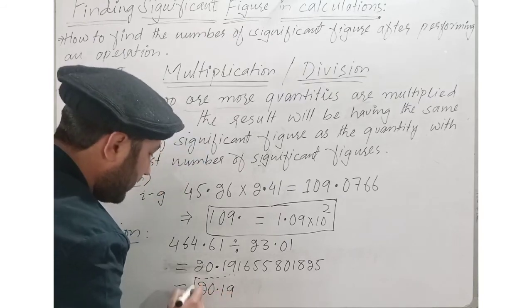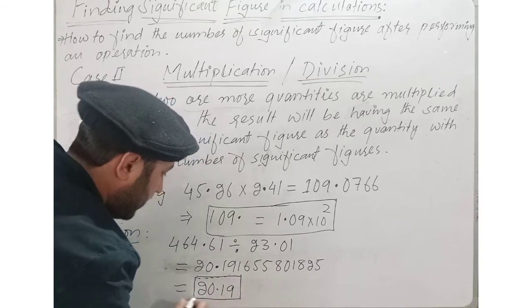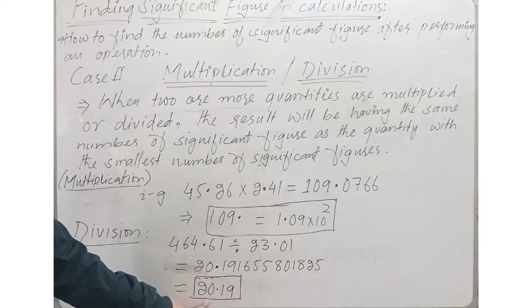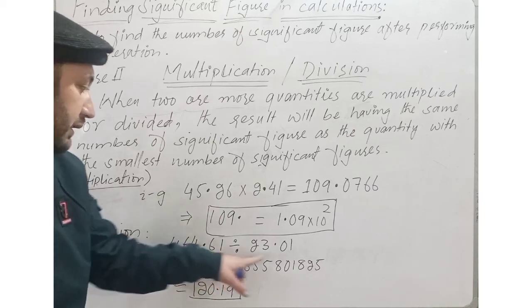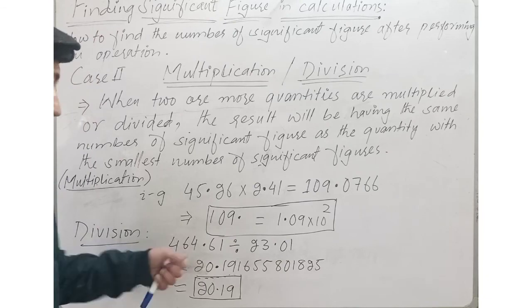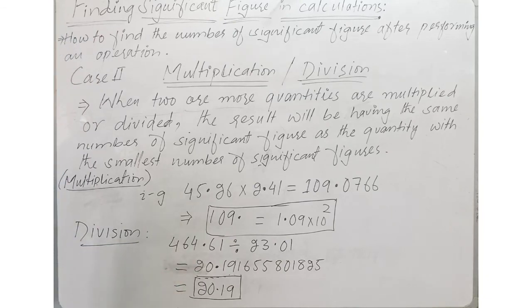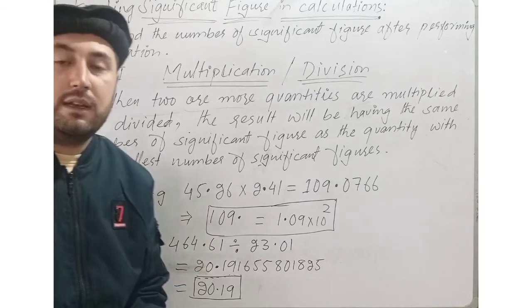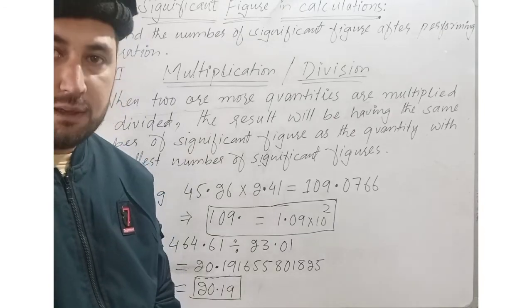20.19. You can see it has 4 significant figures. The 4 significant figures is the least number of significant figures in our calculation, right? So that's how you can find the number of significant figures in different calculations.